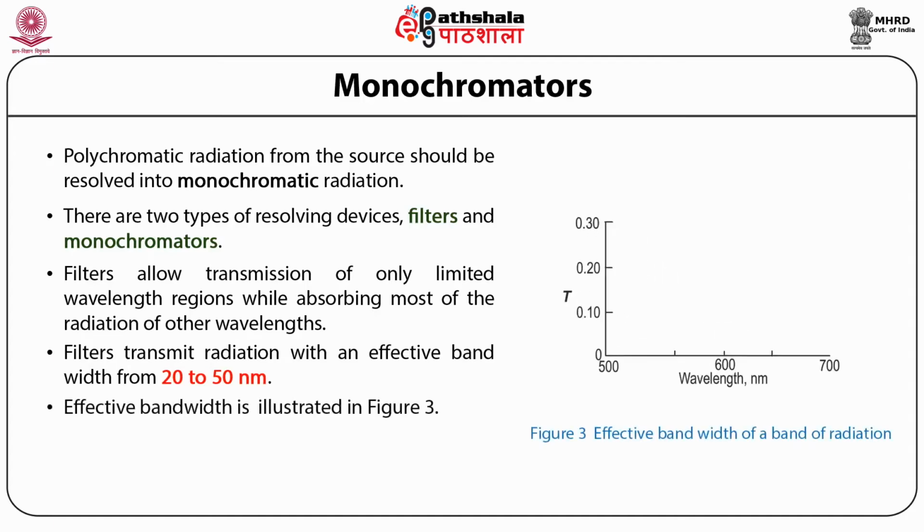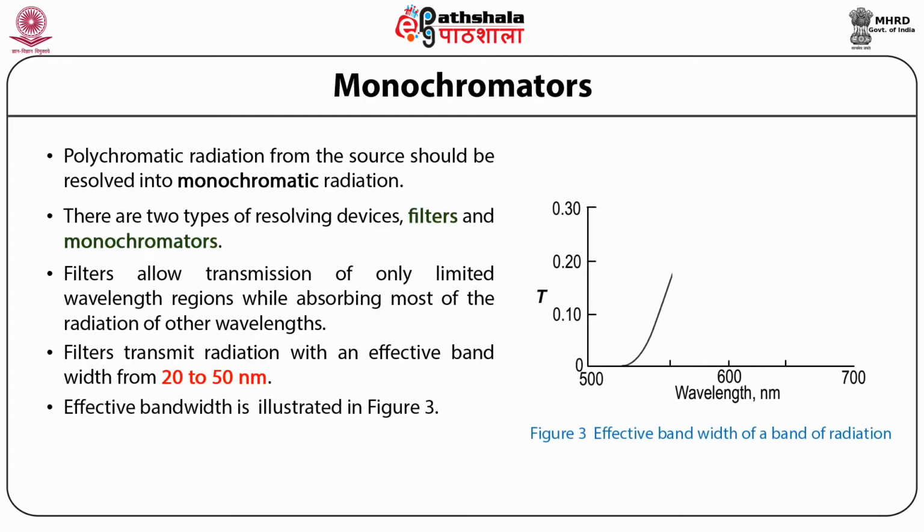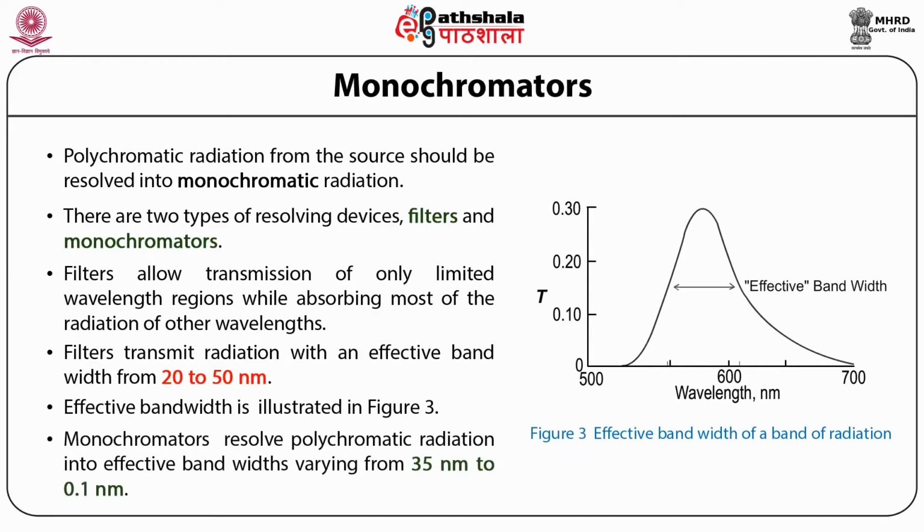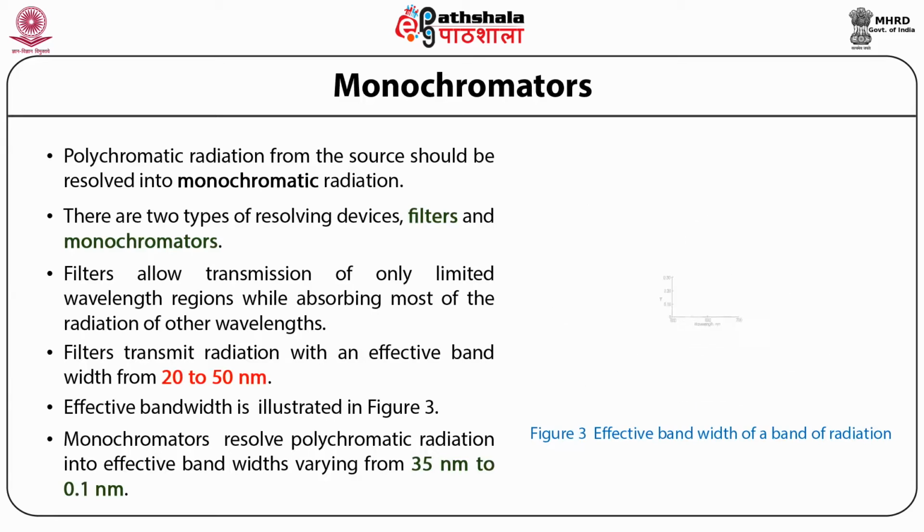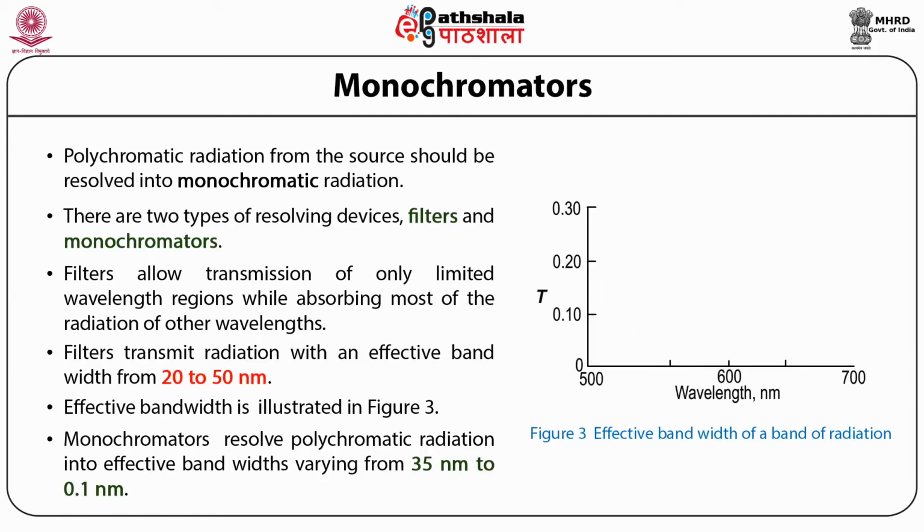Effective bandwidth is illustrated in figure 3, whereas monochromators resolve polychromatic radiation into effective bandwidths varying from 35 nanometers to 0.1 nanometer.